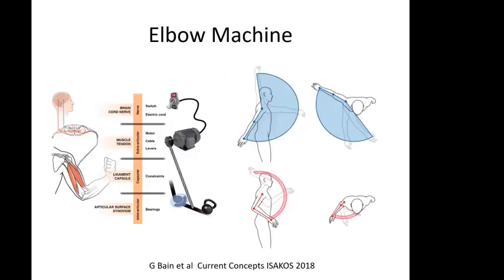This diagram illustrates why elbow stiffness is a disabling condition. The blue shows the area reached by the hand with full range of movement of the shoulder as well as the elbow, whereas the much reduced red area is a result of a 90 degrees flexion contracture of the elbow.